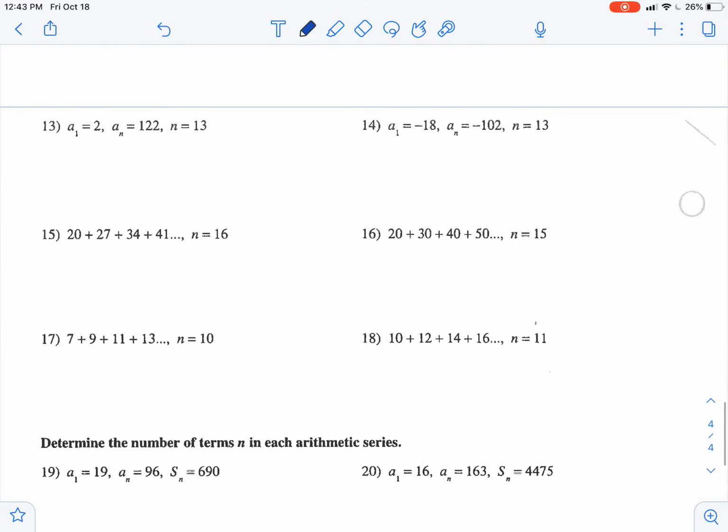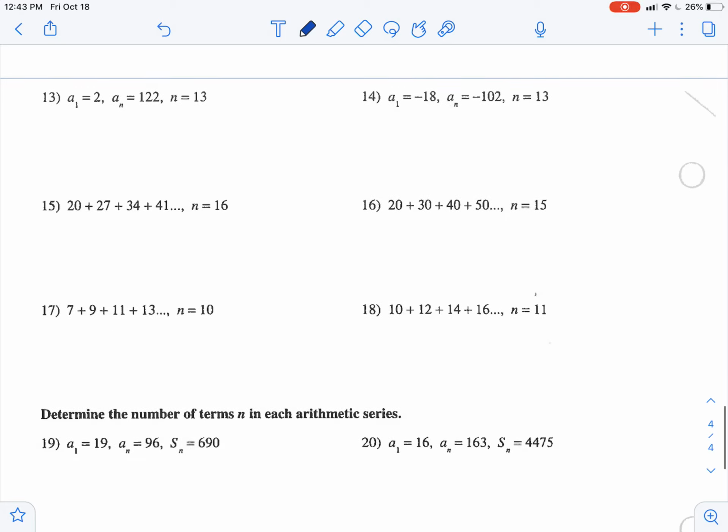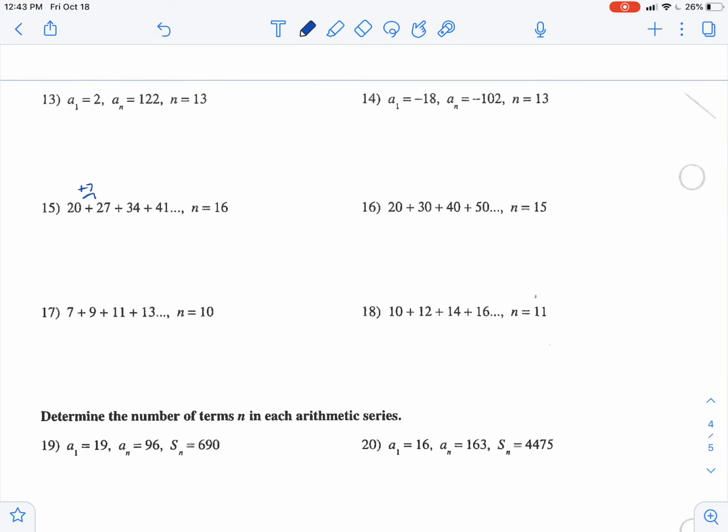When you get to 15, now on this one, you're going to need to find your formula. Okay, and so when you look at that, you're adding 7. Okay, so I have AN equals A1 plus n minus 1 times 7. Again, if I want to simplify my formula, I'm just going to distribute that through.